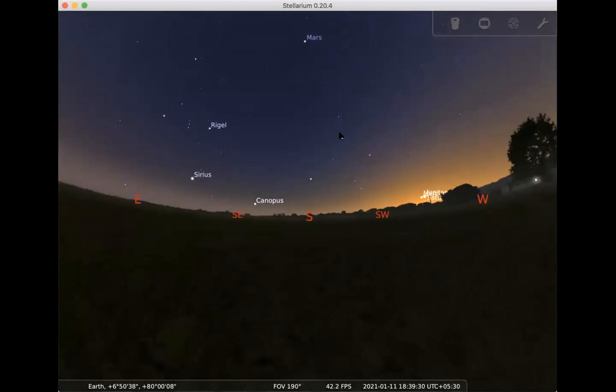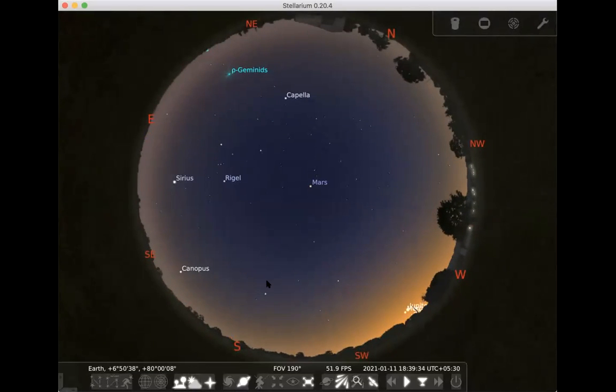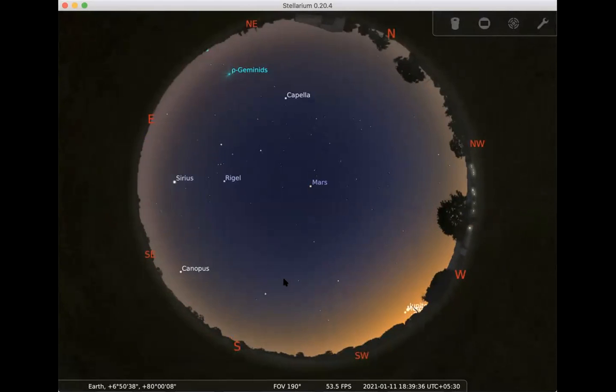This is how the sky looks for me right now. You can see the sun is just setting between west and southwest, right? We used to say that the sun sets in the west, but it is not the exact position. It is a little bit deviated now.